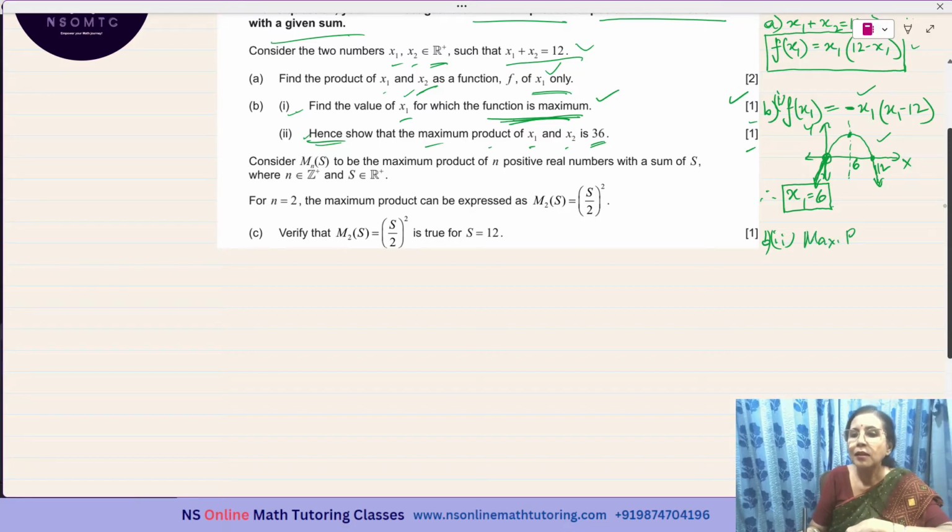The maximum product is when x1 equal to 6. So it will be 6 times what is x2? x2 is 12 minus x1. So it is 12 minus 6, which is 6. So 6 times 6 is equal to 36. Okay. So this is the answer shown.